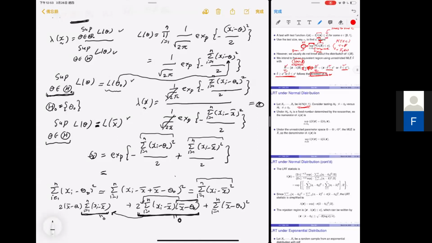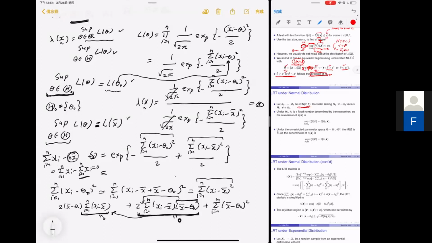Why is it 0? Because summation i from 1 to n, xi minus x bar, is nothing but summation i from 1 to n of xi minus summation i from 1 to n of x bar. That means n x bar is nothing but summation xi, so this guy is 0.